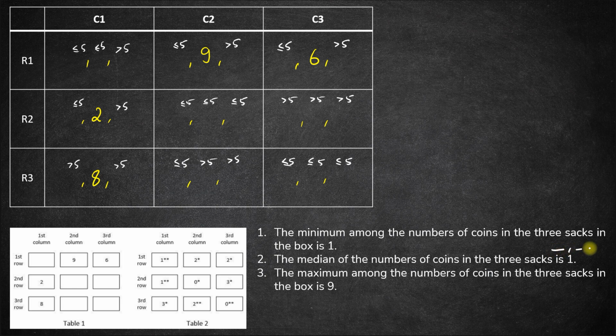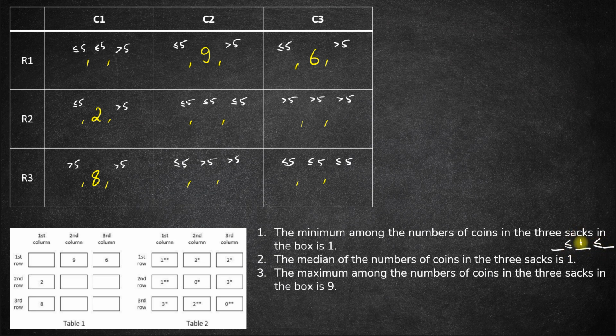Now think about it. If you arrange the sacks in increasing or decreasing order, and if the median is 1, that means a sack which contains less than or equal to 1 will also have 1. Let's say we arrange the sacks in increasing order, such that the lowest is less than or equal to the median value, and this median value is less than or equal to the highest value.